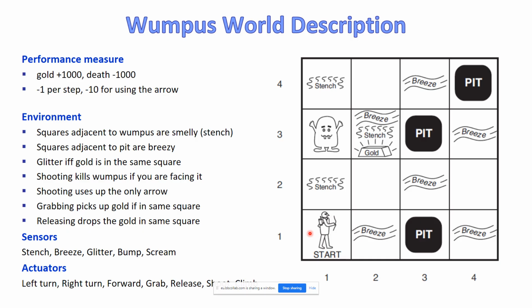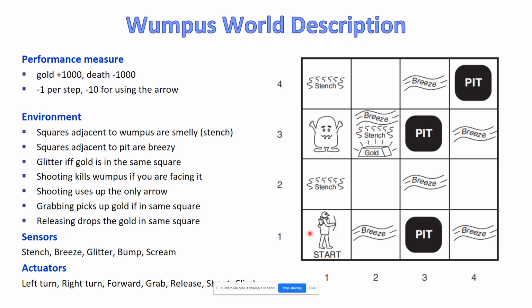Whenever you are in a room that is a neighbor to the Oneplus, you will sense a bad smell called stench. So there is a stench sensor that will tell you, yes, there is a stench in that room. That means that in one of the neighboring rooms, the Oneplus is there. It's just horizontally and vertically, not diagonally.